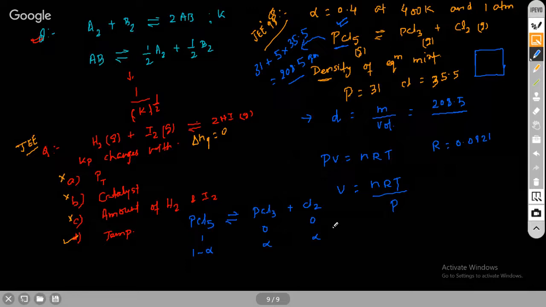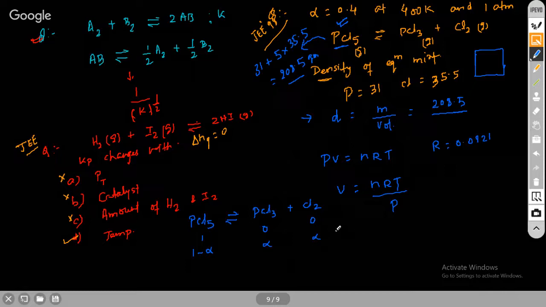I am taking volume. What is the answer you are getting with this? PM is equals to DRT.